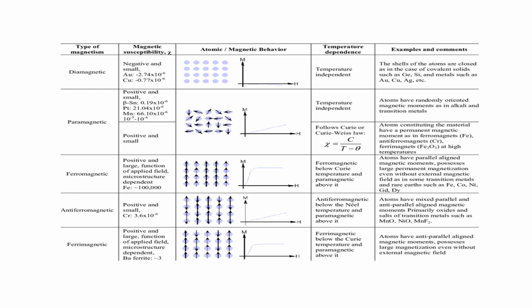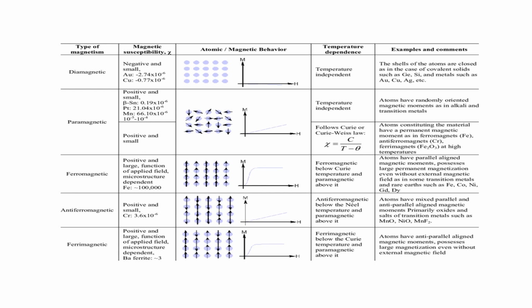Then the intensity of magnetization and H is shown, and it is shown that diamagnetism is temperature independent. Examples are materials where the shells of the atoms are closed, as in covalent solids such as germanium, silicon, and metals such as copper, silver and gold.